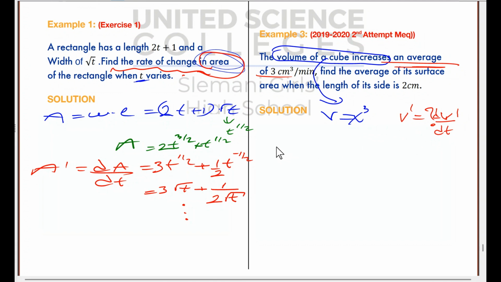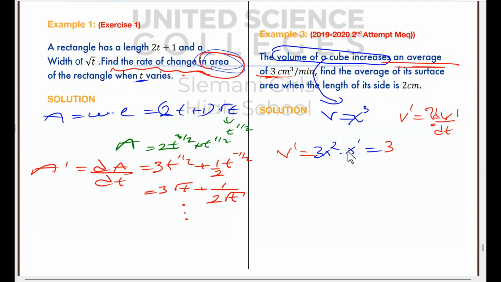So v prime is, in this question, we are not given anything with the variables. We just use x cubed, take its derivative: 3 comes down in front, decrease the power by 1, becomes 2, times x prime, which is given in the question as 3. It already gave us that the volume of the cube increases at an average of 3 centimeters cubed per minute. So it's equal to 3.